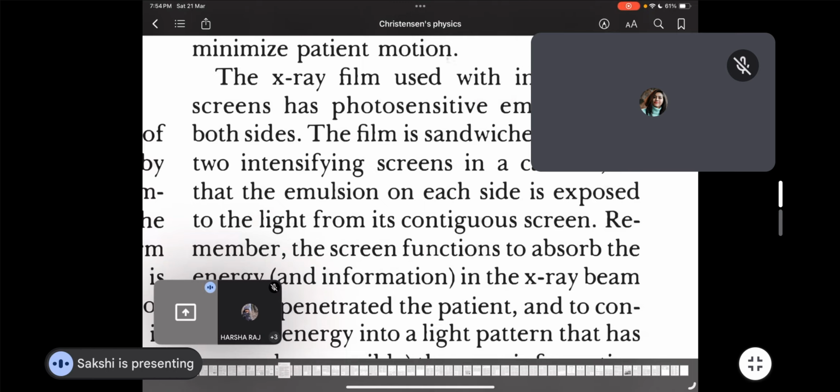Actually, they will ask you one question based on this: a single-sided emulsion film can be used with an intensifying screen, is it right or wrong? Obviously wrong. Tell me, think about it. You already know the answer.